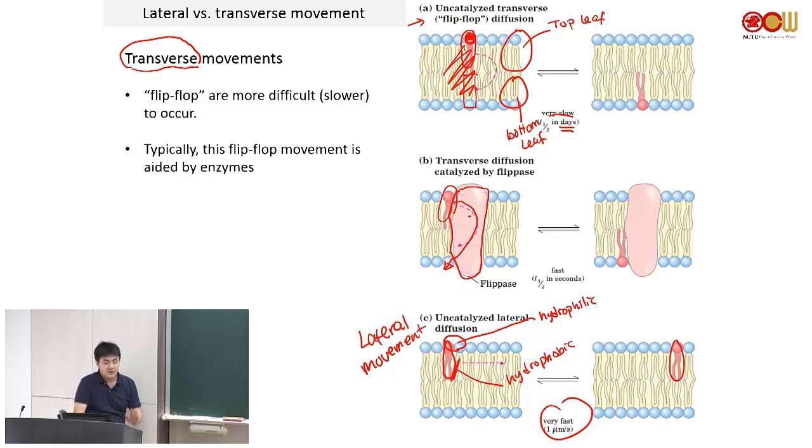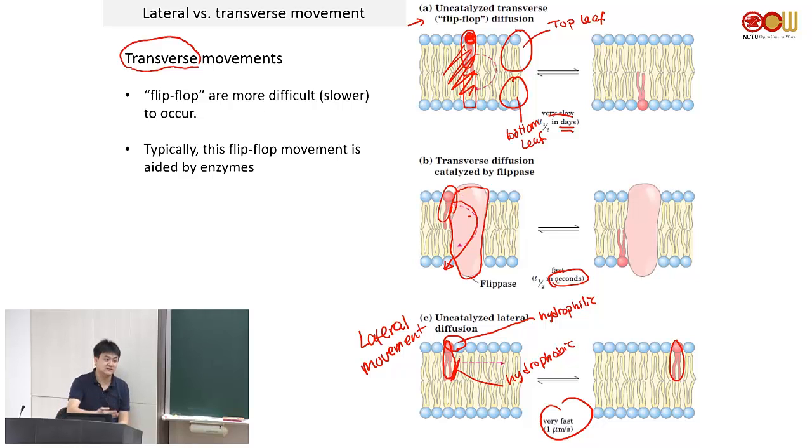So you can do transverse movement, no problem, but you have to have an enzyme. If you don't have an enzyme, it takes days. With the enzyme, it takes seconds.